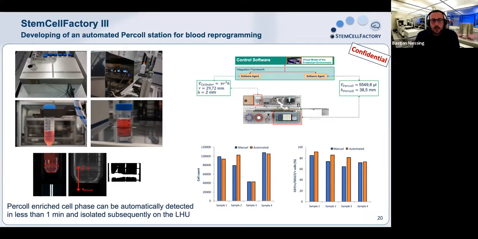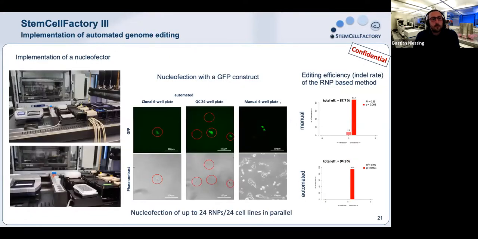So, as we have implemented this on the platform, we now can use blood samples for the reprogramming of cells. And then we also added automated genome editing, on the next slide. What we did is that we implemented a Nucleofector from Lonza on the deck of the liquid handling unit.